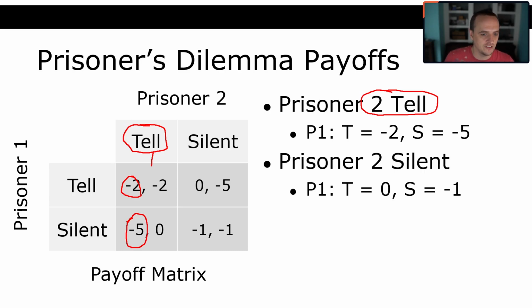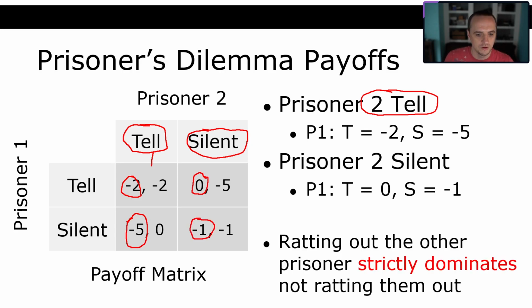If prisoner 2 stays silent, so now we're in this column. If we tell, we get 0. If we stay silent, we get -1. So telling or ratting the other person out strictly dominates not ratting them out. Okay? So that is the answer to this exam question, that in the prisoner's dilemma with this payoff matrix.